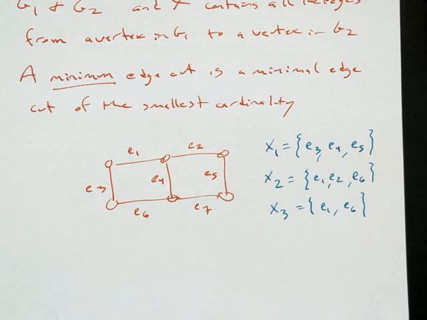Okay. K of G, vertex cut here. The two in the middle work really well.